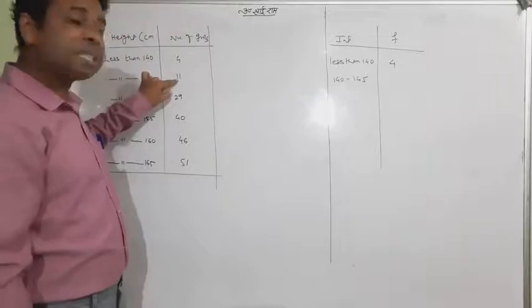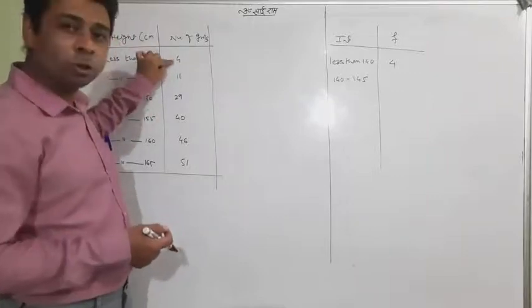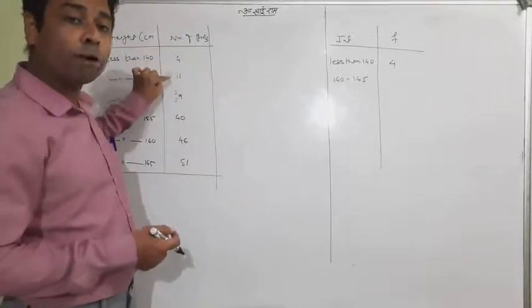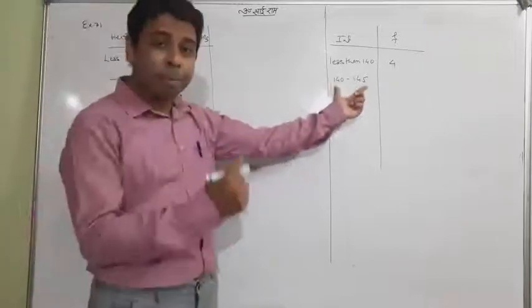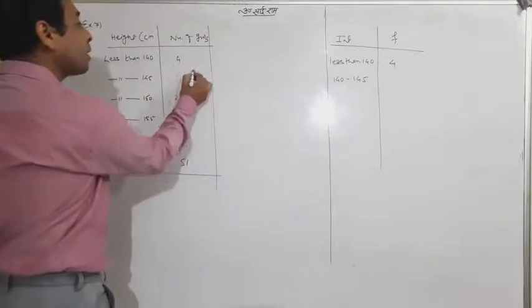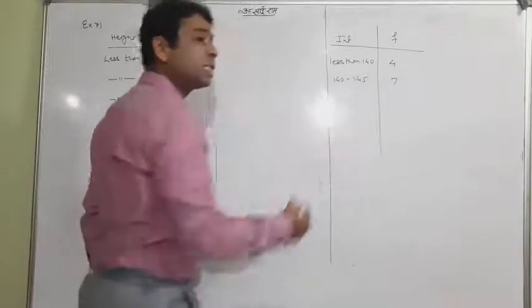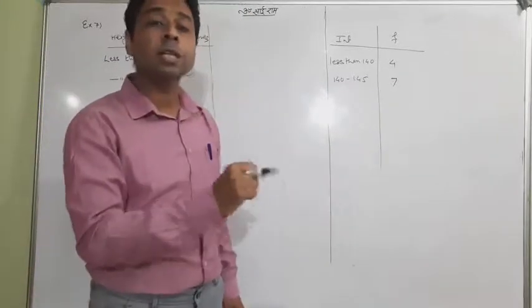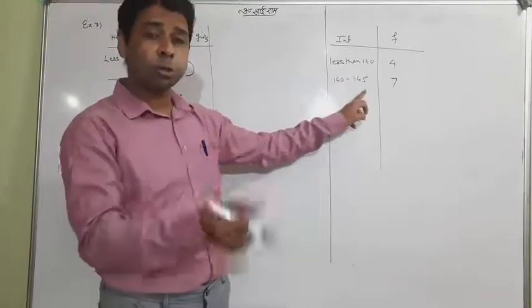So 11 is actually containing 4 also. We will subtract 4 from 11 to get only the particular height from 140 to 145. 11 minus 4 is 7. 7 girls are those having height 140 to 145.